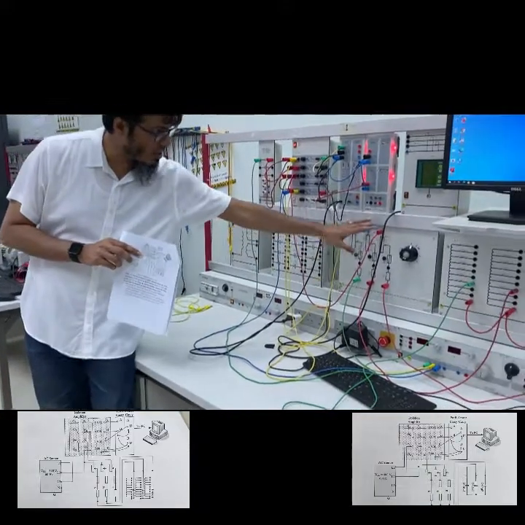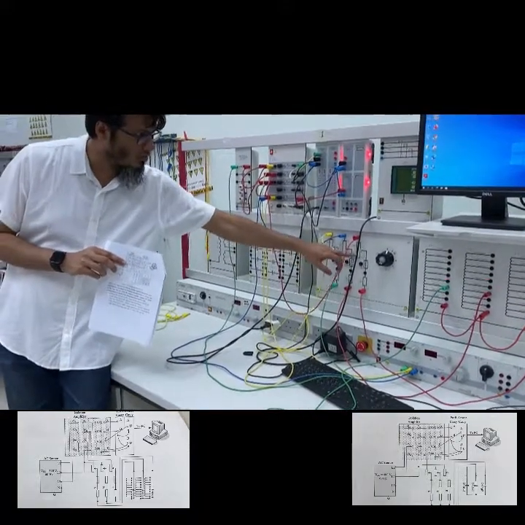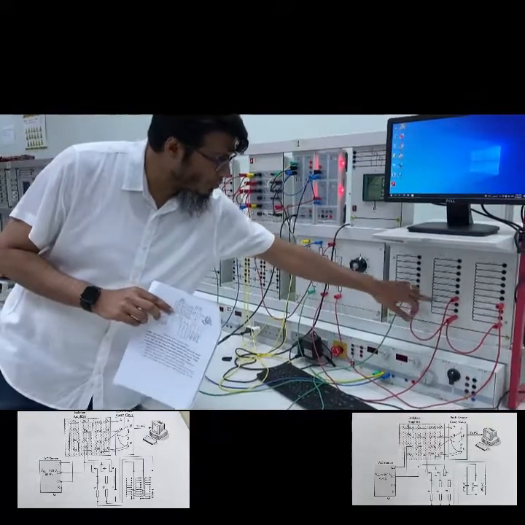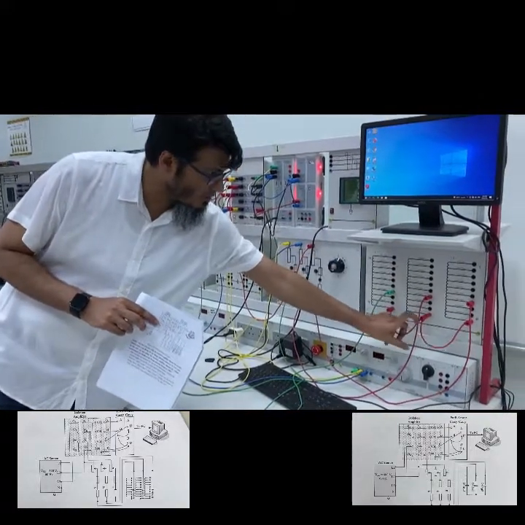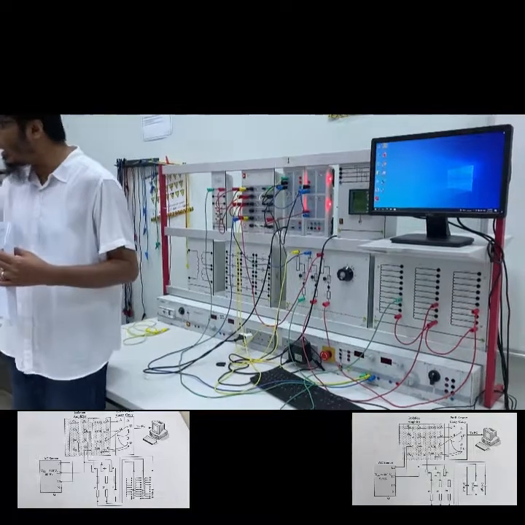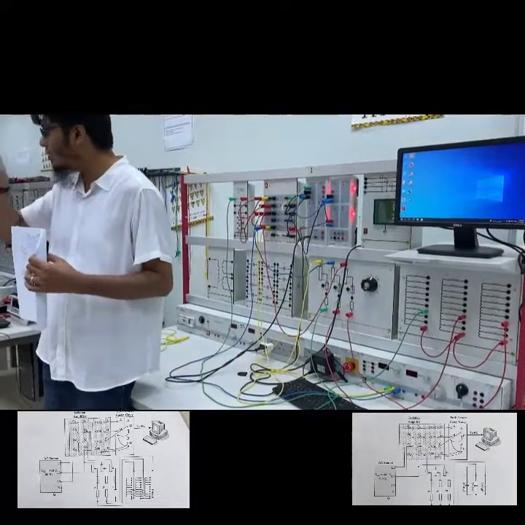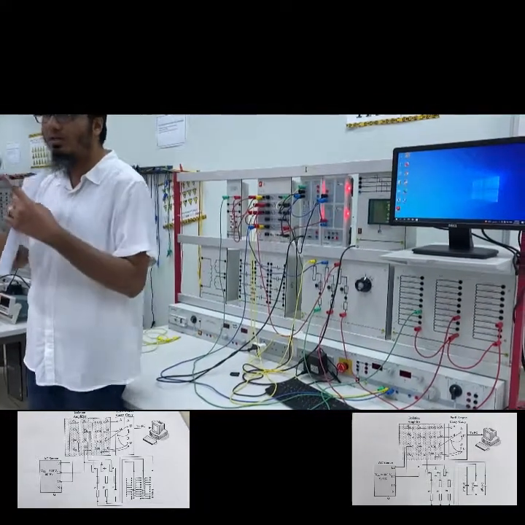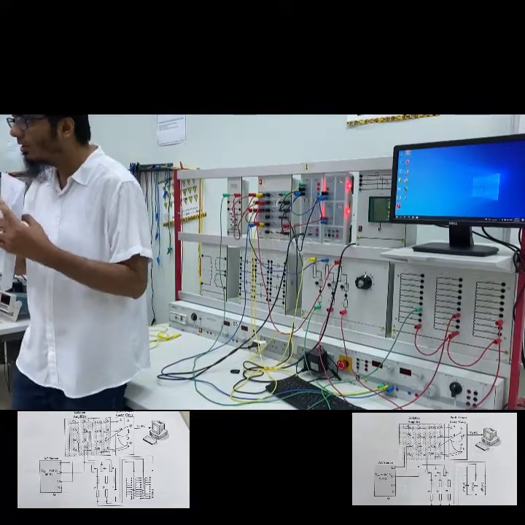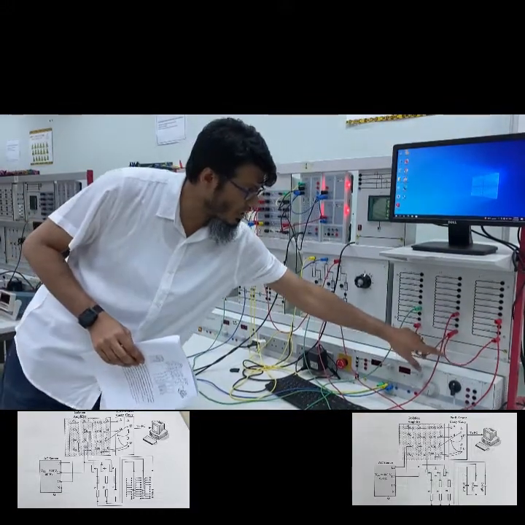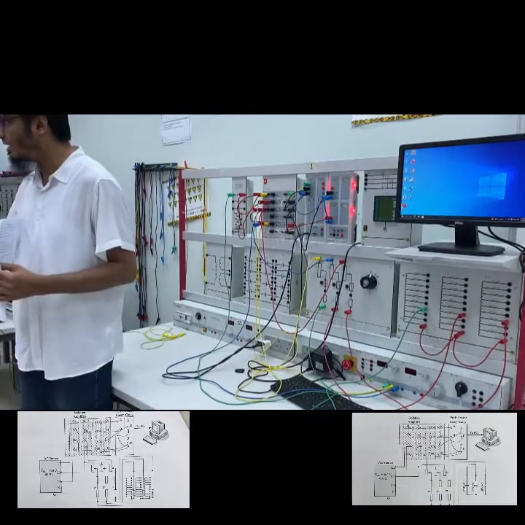These are the 3 R's we have, R1, R2, R3, and this is L1, L2, L3. And this point in the center makes it Y. Remember, to make it Y, all 3 branches need to come to a common point, right? This is the common point where we have connected the 3 branches of a Y connection.